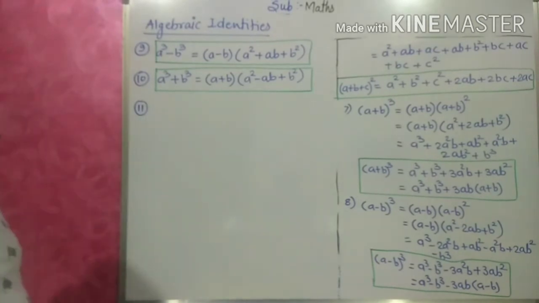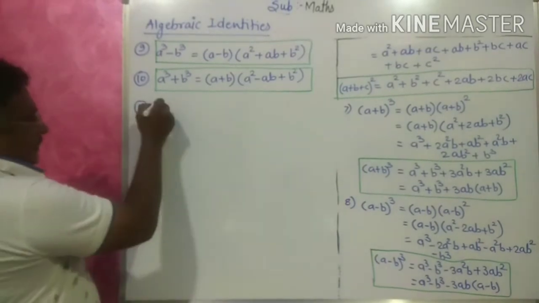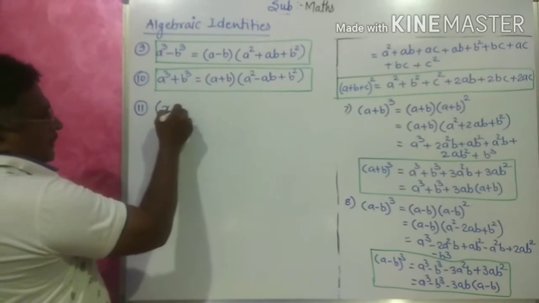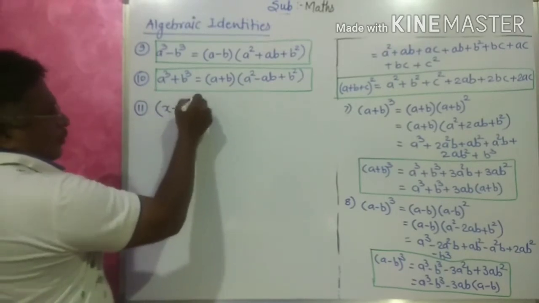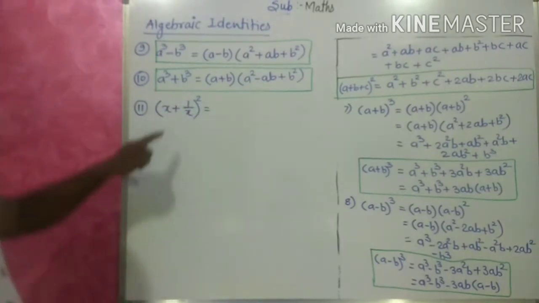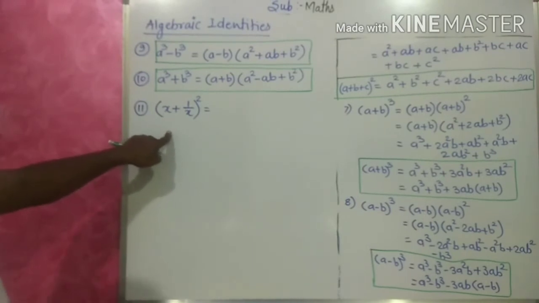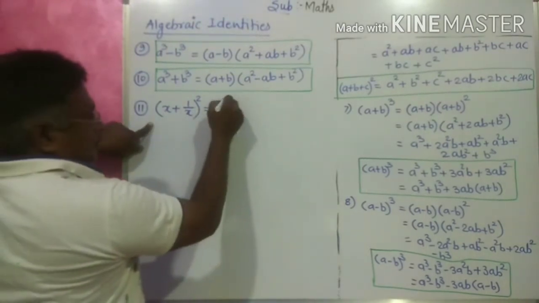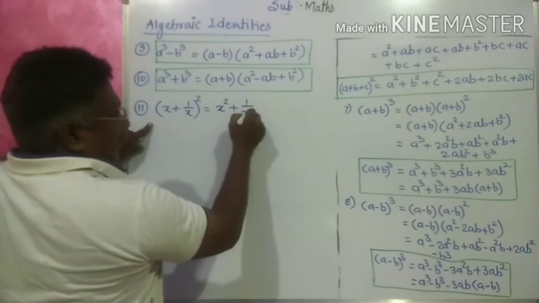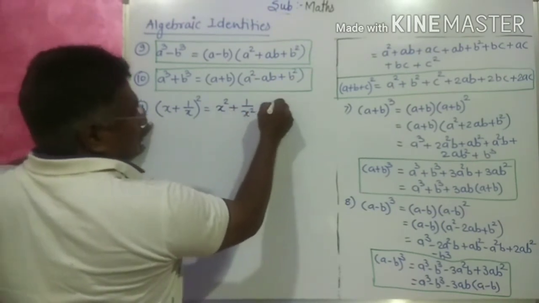11th identity. That is x plus 1 by x whole square. Already in the first chapter I gave this identity. What is it? x square plus 1 by x square plus 2.